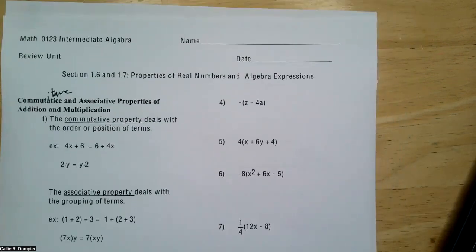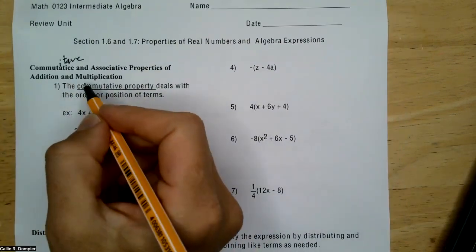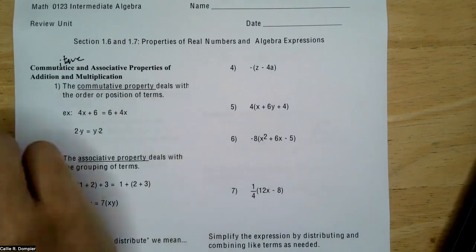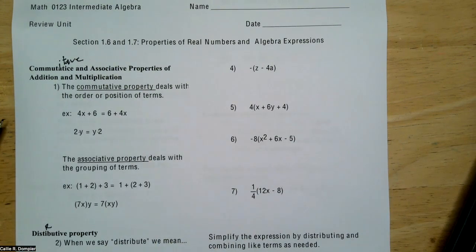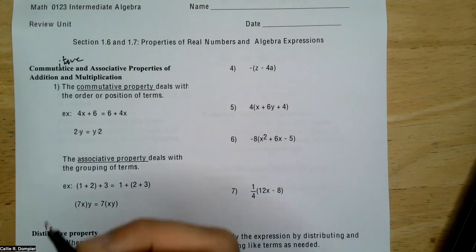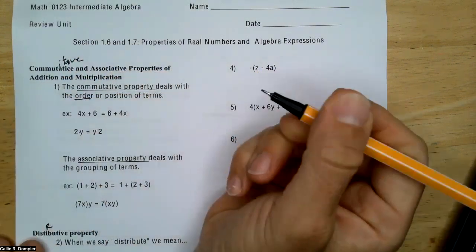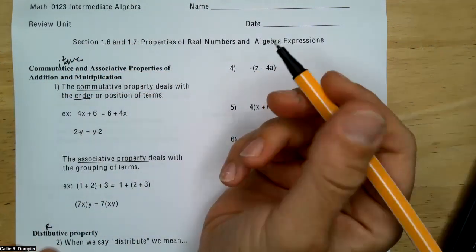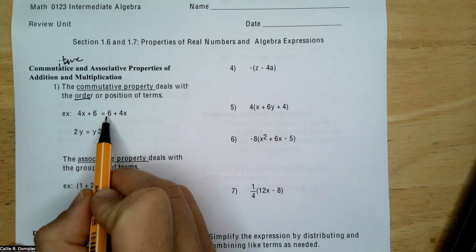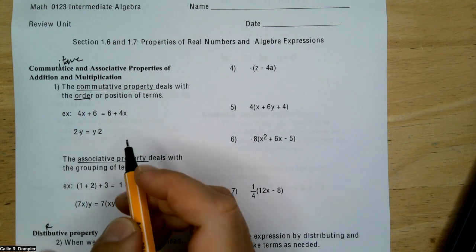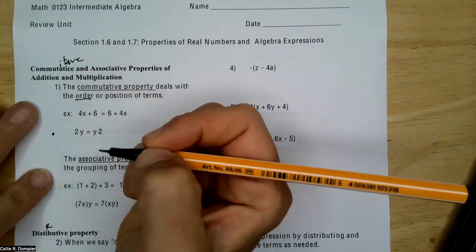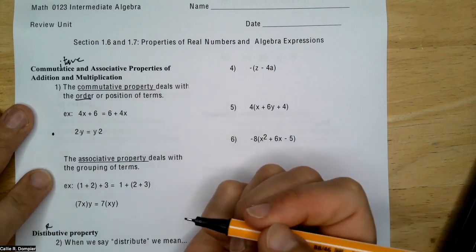Okay. So commutative, I want you to think of the word commute like you're driving somewhere. You commute to school, you commute home. So the commutative property is just the order or position of the terms. So 4x plus 6 is the same as 6 plus 4x. 2 times y, those are being multiplied together because they're either right next to each other or there's a multiplication sign that's just a dot between them. 2 times y is equal to y times 2, okay?